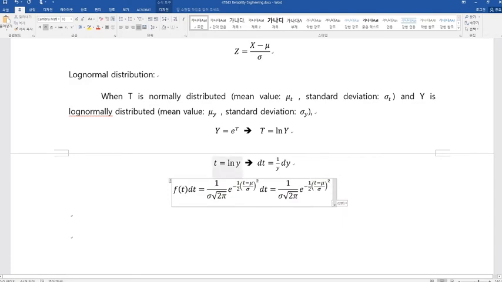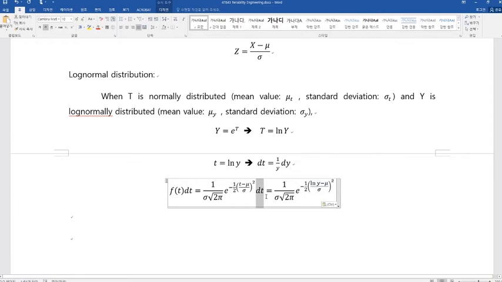Instead of y, we are going to place log of y. And instead of dt, we need to change this dt into y. So with this relation, dt equals 1 over y dy.